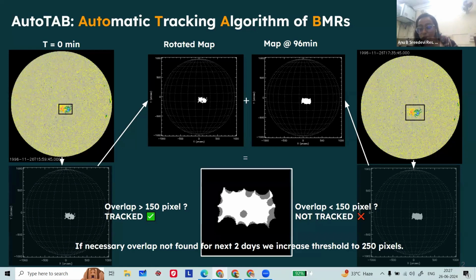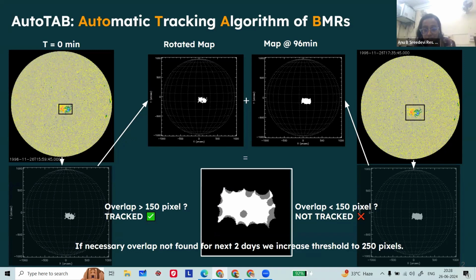But talking about this analysis, our tracking takes into account the dynamic evolution or the flux emergence that's happening over the lifetime of the BMR. But how much? It will create, which I again said in my talk also, because the tilt is very scattered. There's a significant scatter associated with tilt.